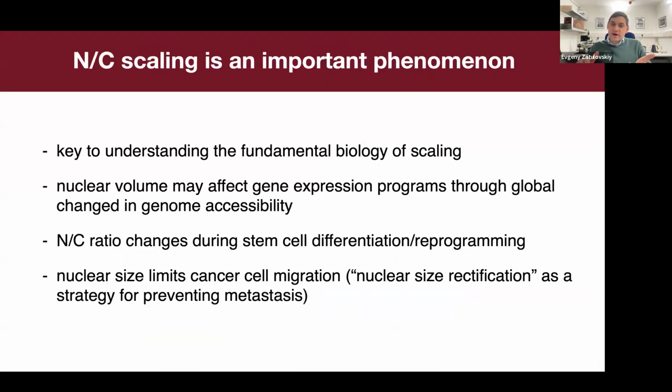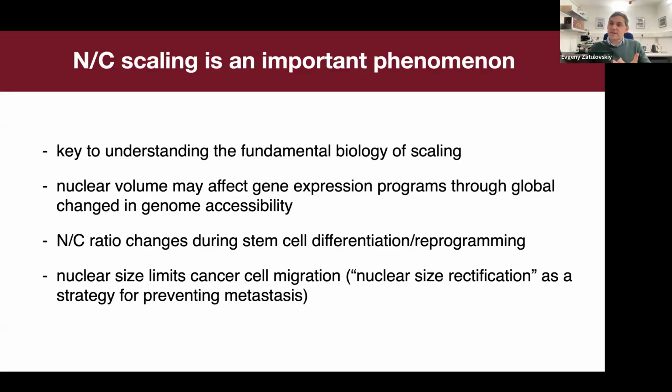And it's important to answer this question, not just because it's a key aspect of the fundamental biology of scaling, but it also has some practical implications, because the nuclear size and shape can affect gene expression and chromatin structure within the nucleus. And also, for example, we see that the NC ratio is changing depending on the cell type or condition. During cell differentiation, we see that the NC ratio decreases. In cancer cells, we often see increased NC ratio, and that certainly would have some effects on cell physiology.